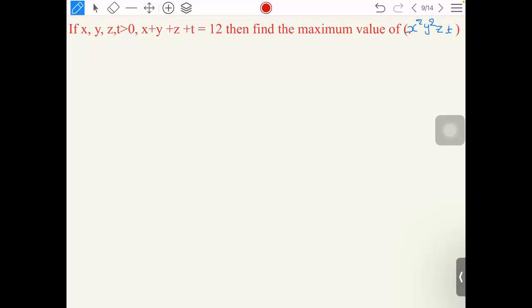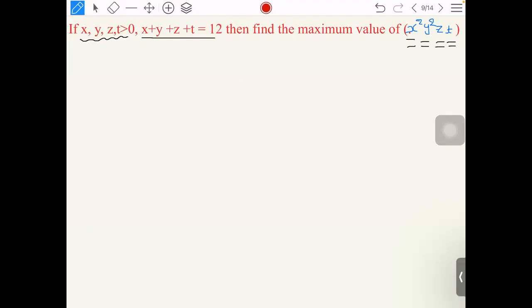Okay, now let me try. The question says if x, y, z, and t are positive numbers, and given that their summation is 12, we need to find the maximum value of x square, y square, z, t.